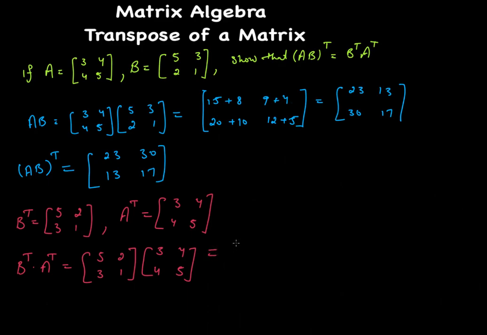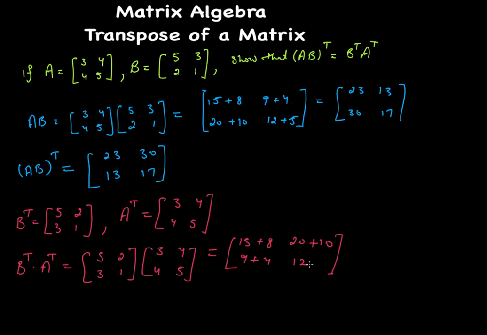So this gives me 15, then 2 times 4 plus 8. 5 times 4 is 20. 2 times 5 is 10. And here 3 times 3 is 9, 1 times 4 is 4. 3 times 4 is 12.